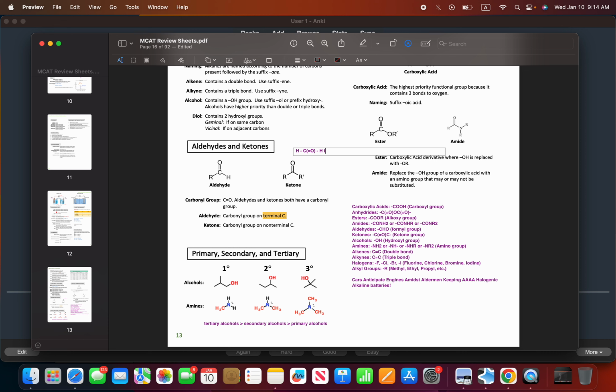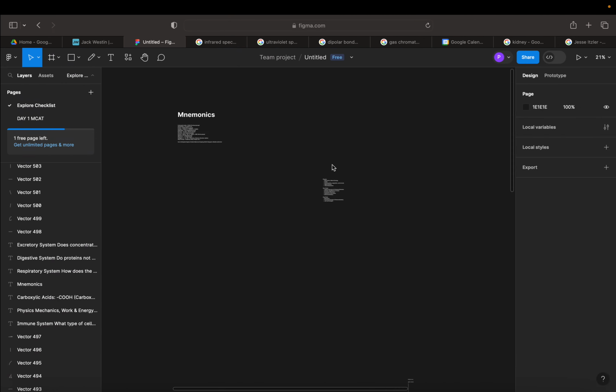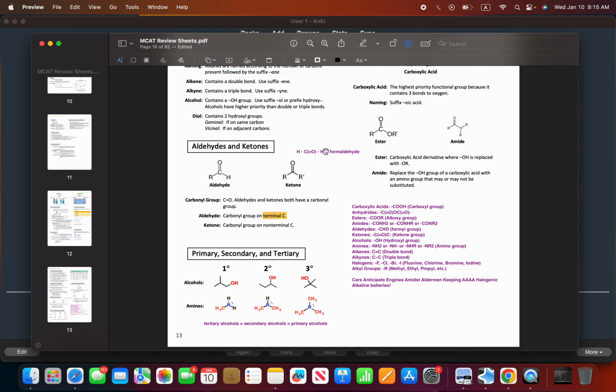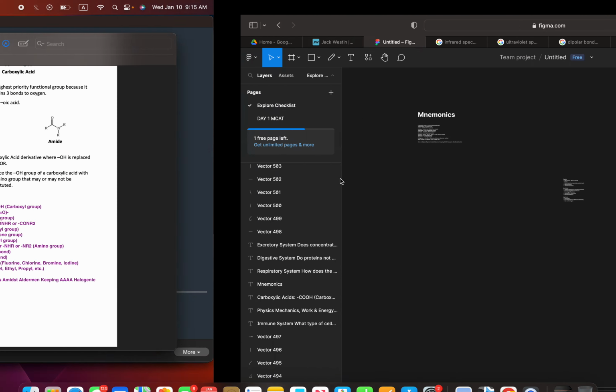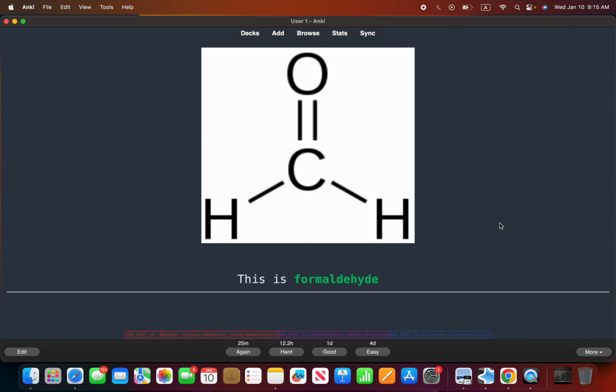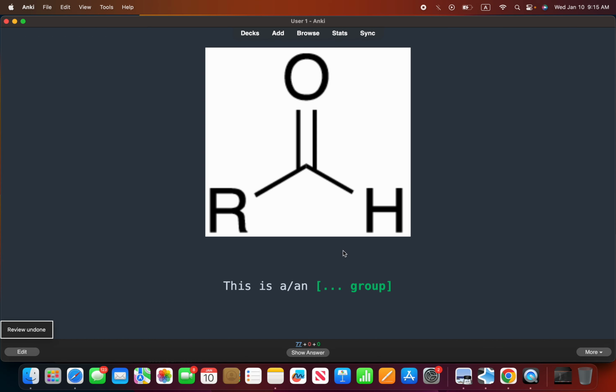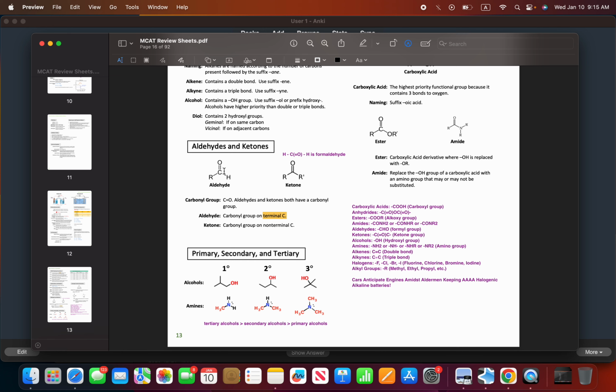H is formaldehyde. Okay, wait a second. This is attached to this, so formyl group. We don't have it here.